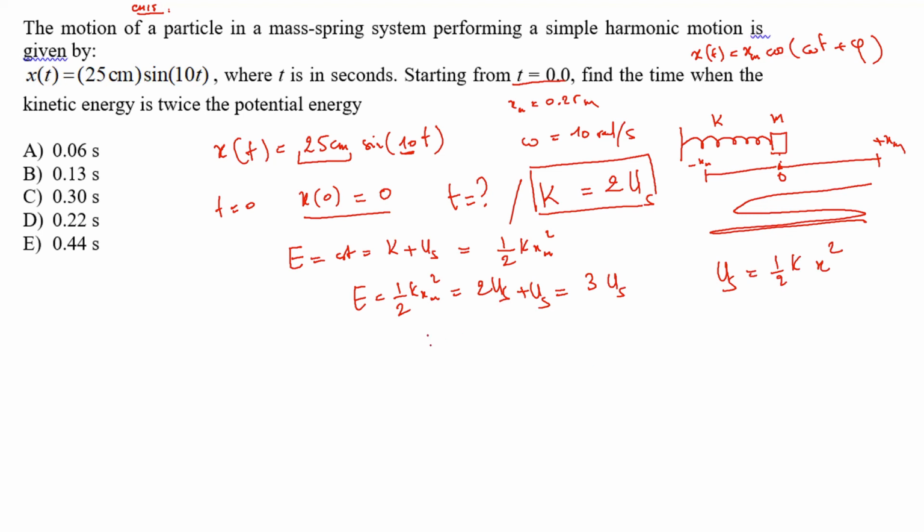So I end up with half k x max square equals 3 times half k x square. The half k goes away, and I find that x is plus or minus x max divided by square root of 3.